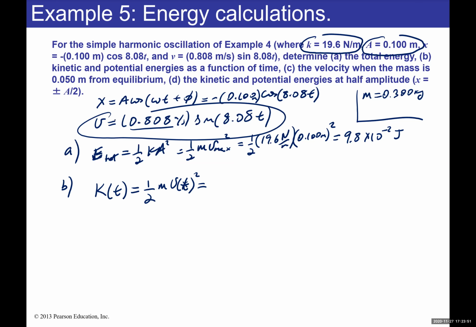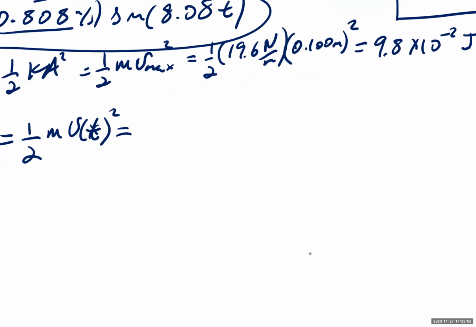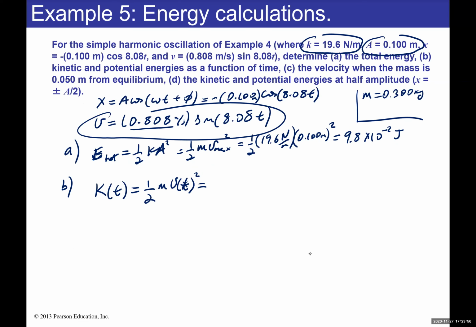Then I can do this as equal to 1/2 times 0.3 kilograms, times, and I plug in 0.808 meters per second, then times sine of 8.08 t, and I square that.